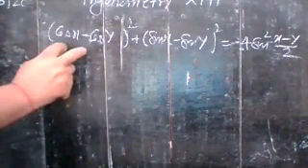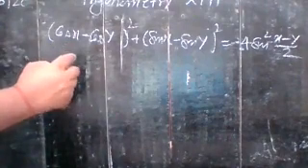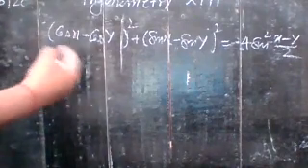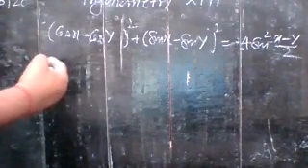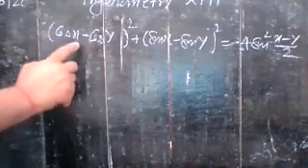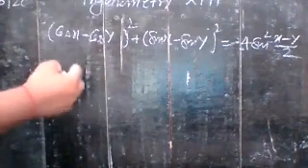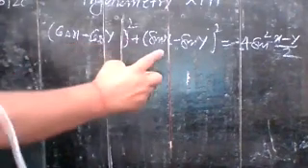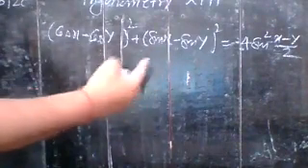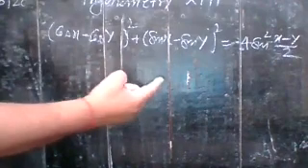Your left side is in the form of difference of two functions, so you apply the property to convert it into a product. If you apply the formula, cos x minus cos y is minus 2 sine (x plus y) by 2 sine (x minus y) by 2. In place of sine x minus sine y, you can apply 2 cos (x plus y) by 2 sine (x minus y) by 2, and simplifying it, finally you will have your answer. Okay, so do it.